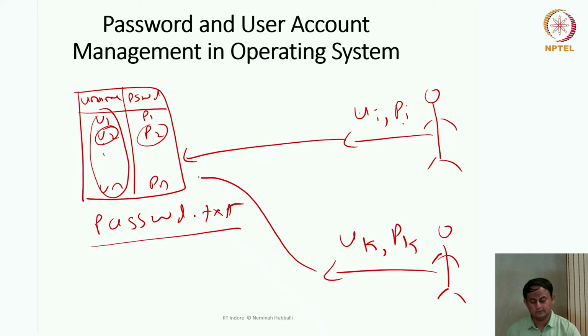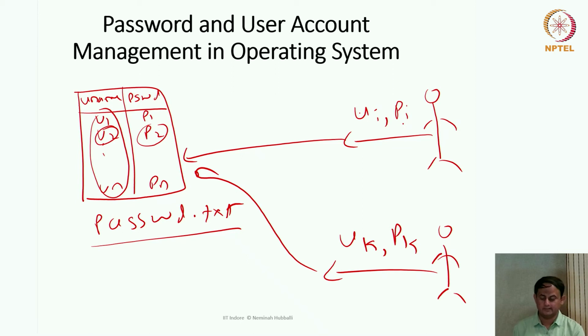He can also read the corresponding file. Every time a user is logged into the system, they can navigate and read this file. How do I protect this file from one user to another? U1 knowing UK's password and UK knowing U1's password, I need to protect against that.